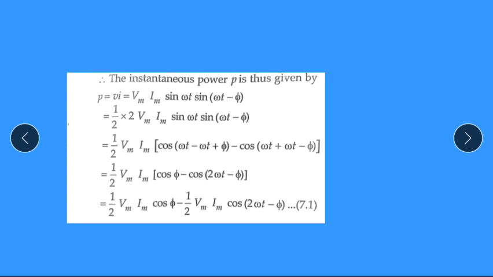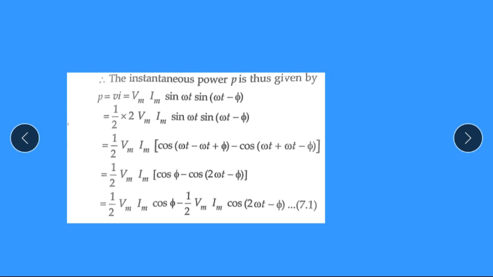Now we multiply and divide the equation by 2, then we get P is equal to 2 Vm Im sin omega t sin omega t minus phi divided by 2, which can also be written as half Vm Im times cos of omega t minus omega t plus phi minus cos of omega t plus omega t minus phi. This equation is obtained from the mathematical formula.